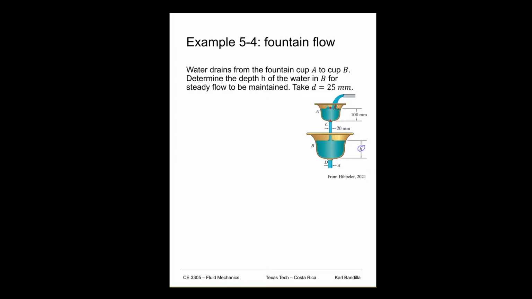For cup A, what do we know? We know that both the water surface and point C are going to be in contact with atmosphere. So we can say AS and C both in contact with atmosphere.